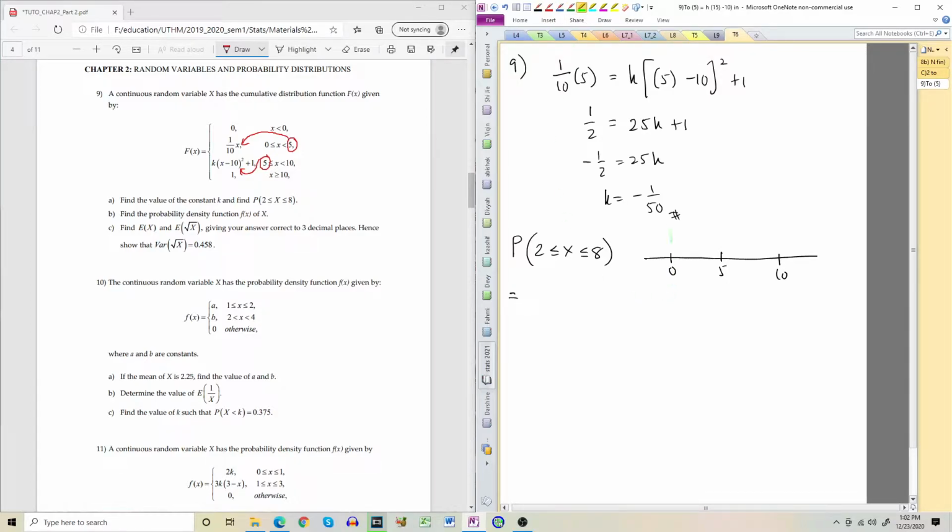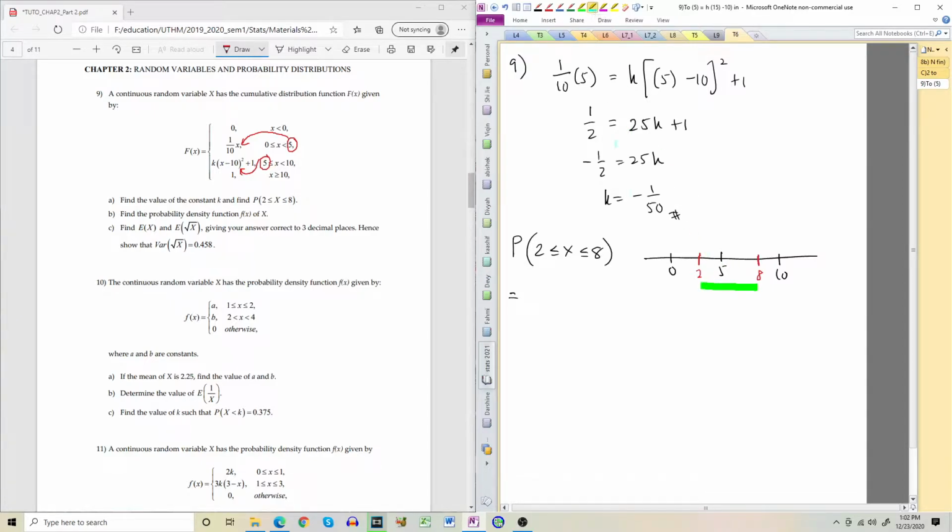We want from 2 to 8. So 2 is here, and 8 is here. So we want 2 to 8.